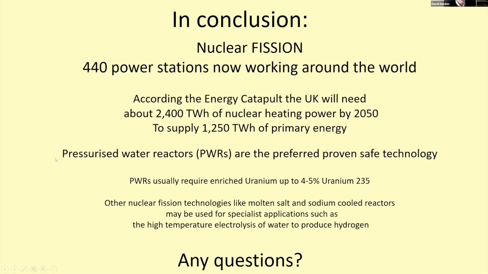So the pressurized water reactors are the preferred proven safe technology, and they use enriched uranium 235 up to 4.5%, 4 to 5% within the rest of the uranium, which is uranium 238. So we may see some other technologies like molten salt and sodium cooled, and they may be specialist applications. This high temperature use for producing hydrogen from water is most interesting for the future.